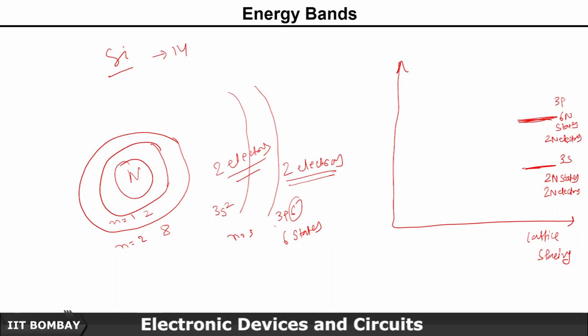So the energy level of these 2n electrons is at the same level for n number of atoms. But when you bring them closer, something like this, they split, and similarly this splits.